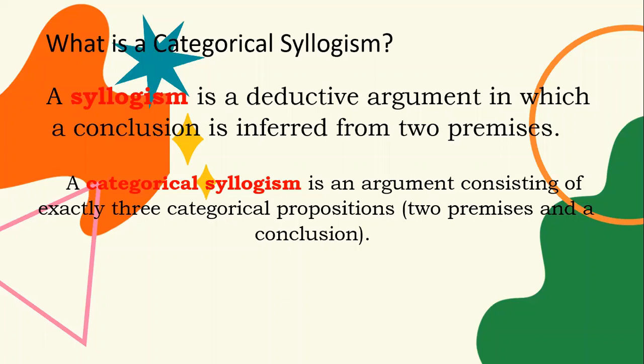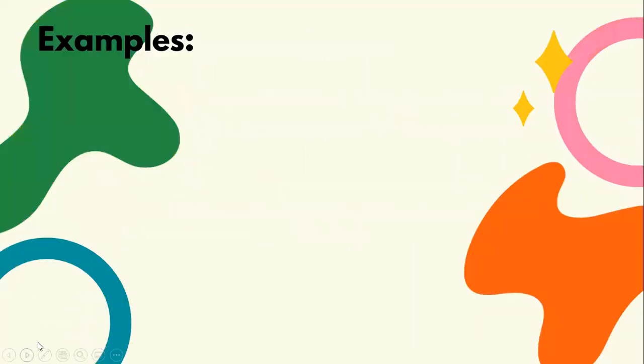Okay po. Yung may therefore na na-encounter ninyo kanina doon sa logical equivalence, yun po yung magsisymbolize ng ating conclusion, the word therefore. So, paano na po natin gagamitin yan? Again, when we say categorical syllogism, we have the terms. Major term is the predicate of the conclusion. Minor term is the subject term of the conclusion.